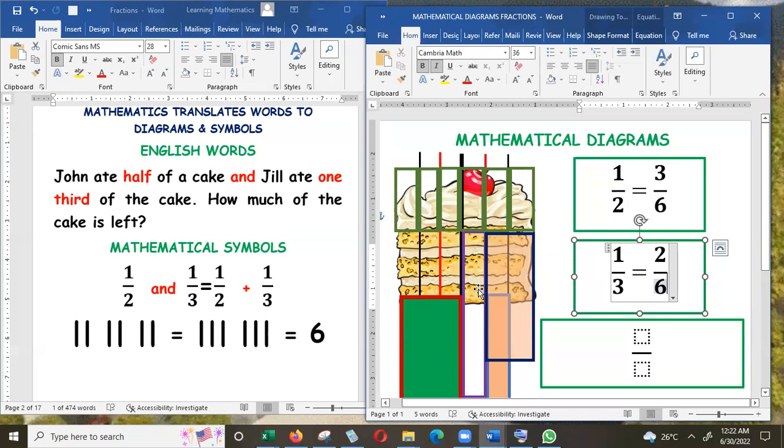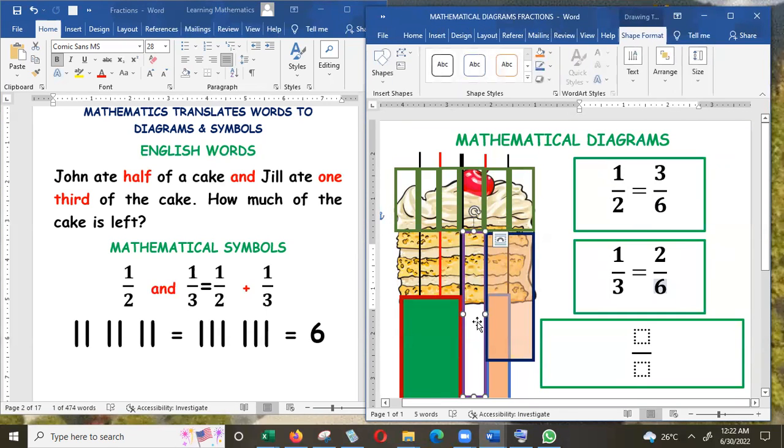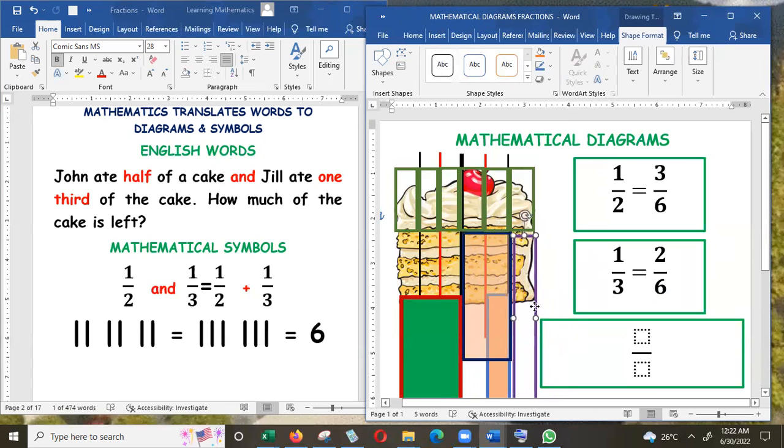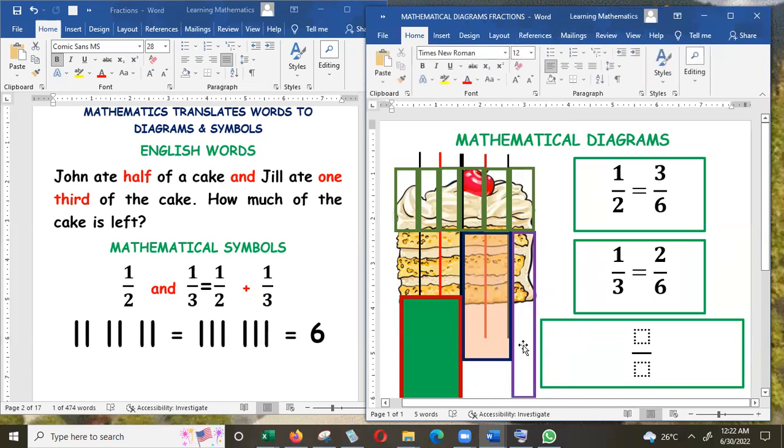We can even put this 1/3 here. And this will be a 1/6. To make it a little clearer, we can even already delete this.